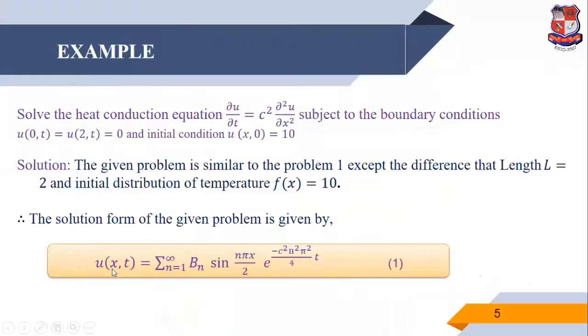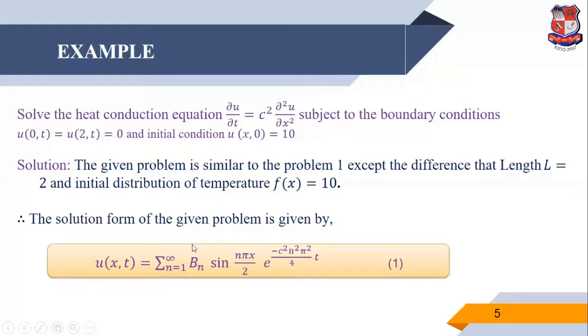So we write u(x,t) is equal to summation n is 1 to infinity b_n sine(n pi x by L), but L we consider as 2, e raised to minus c square n square pi square by L square. L is 2, so by 4 into t. So this is the solution of the given problem with boundary condition and initial condition.